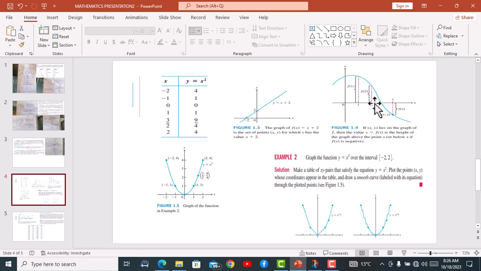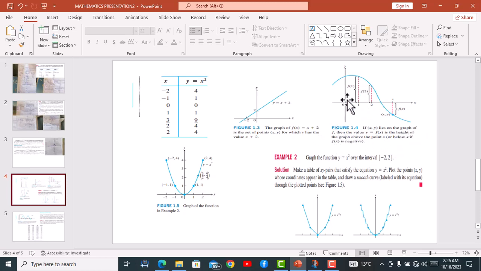So this is just an explanation. Right, when the value of x is positive, the value of y is above, as you can see, and when the value of x is becoming higher and higher, the value of y is below. So they are just saying f at x is the height of the graph above the point x or below x if f at x is negative.